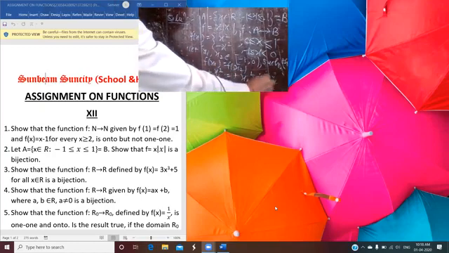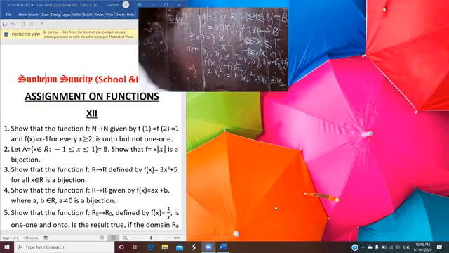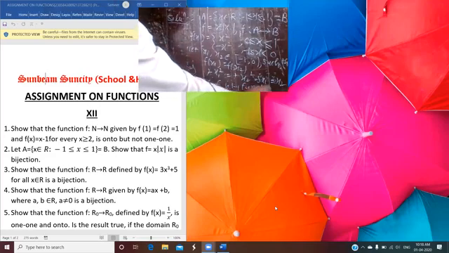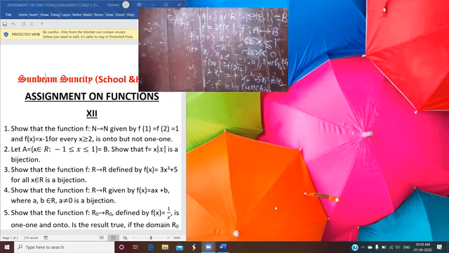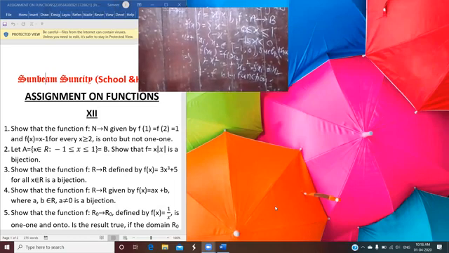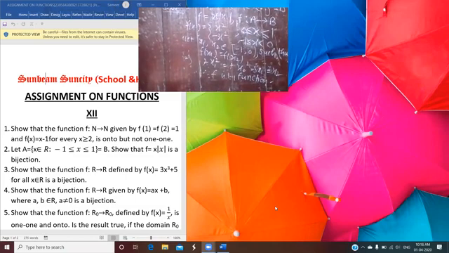So again you have x1 is equal to x2. So overall f is one-one function. Here you see that the function is one-one.